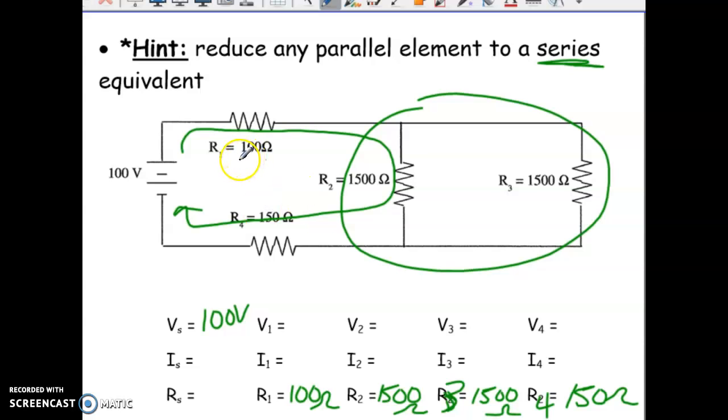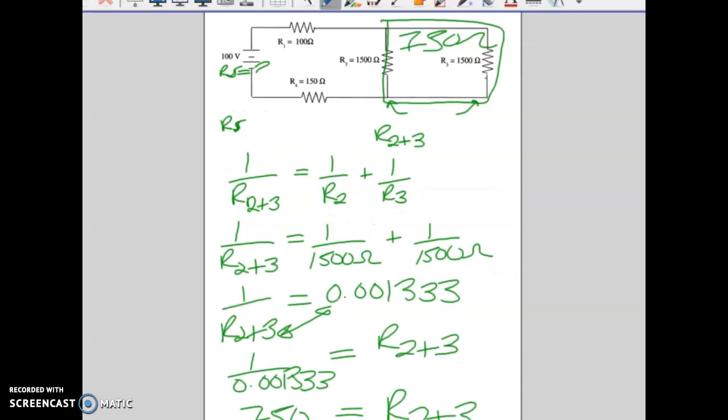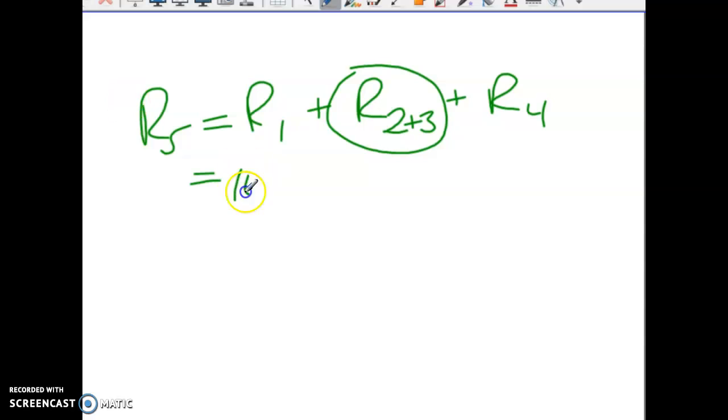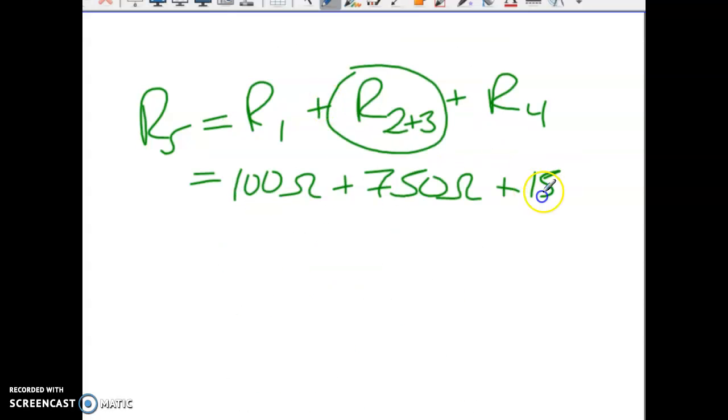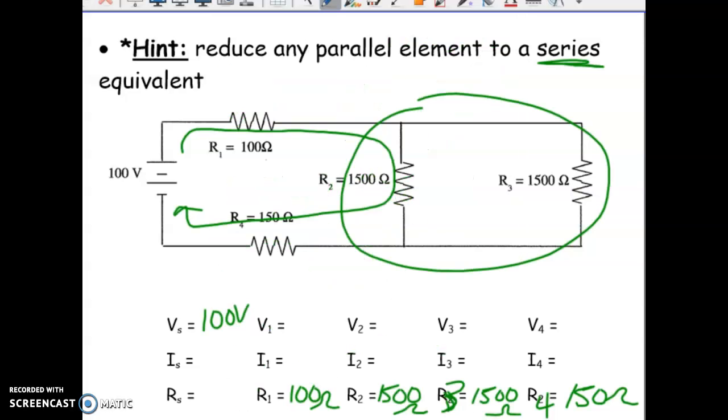So it's going to be 100 plus 750 plus, what was that last one? 150. Okay, so which gives us 1,000 ohms. Okay, so this guy here is 1,000 ohms.